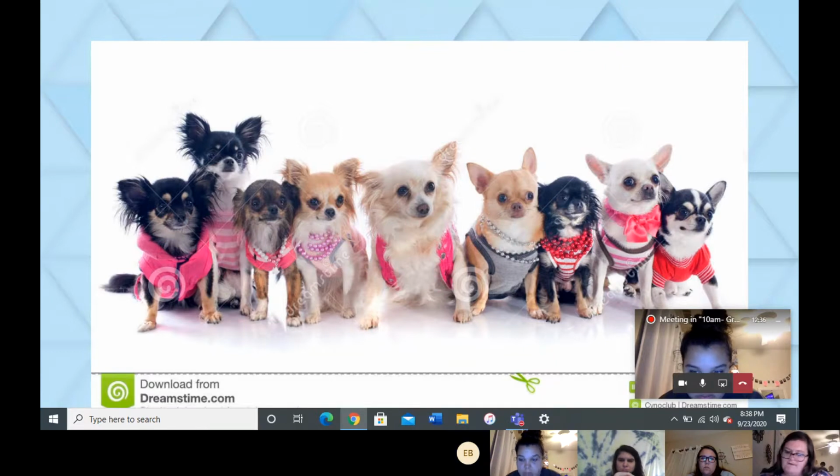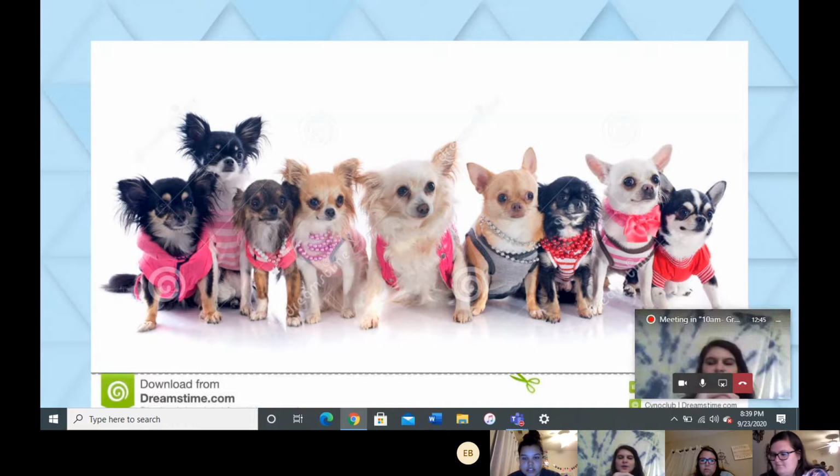Okay, so who would like to tell me what they noticed about this image? I noticed they're all Chihuahuas, but some have long fur and some have short fur, and some are big Chihuahuas and some are little Chihuahuas.